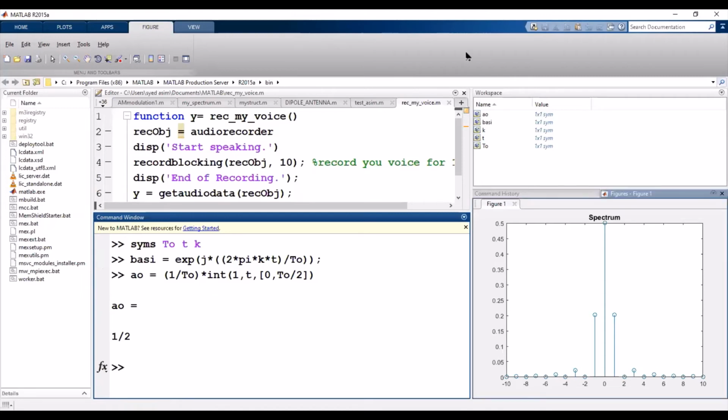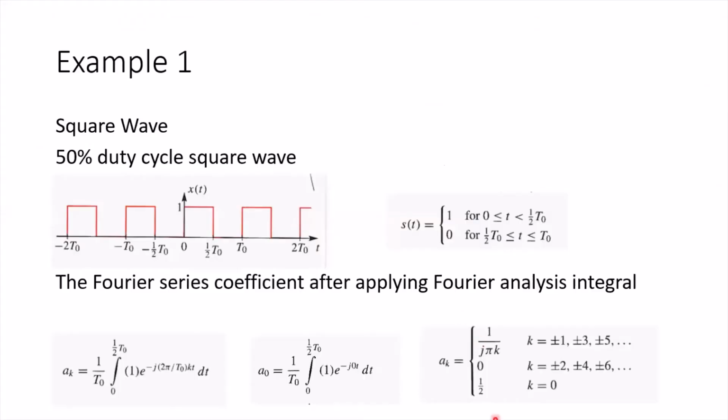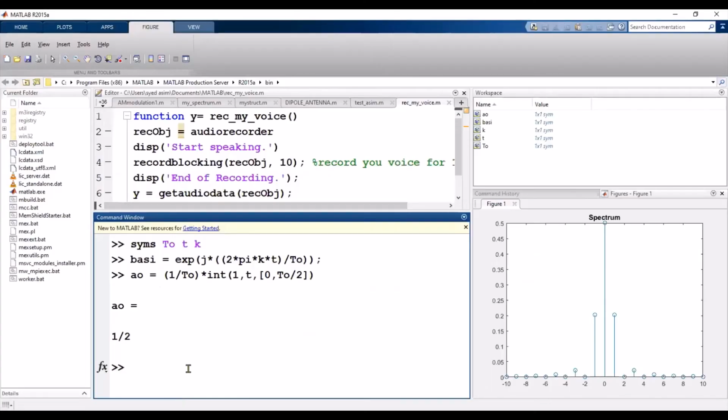You can see here on my slide we have the DC component a naught equal to 1 by 2. Now again going back to MATLAB, that is basically the DC component.